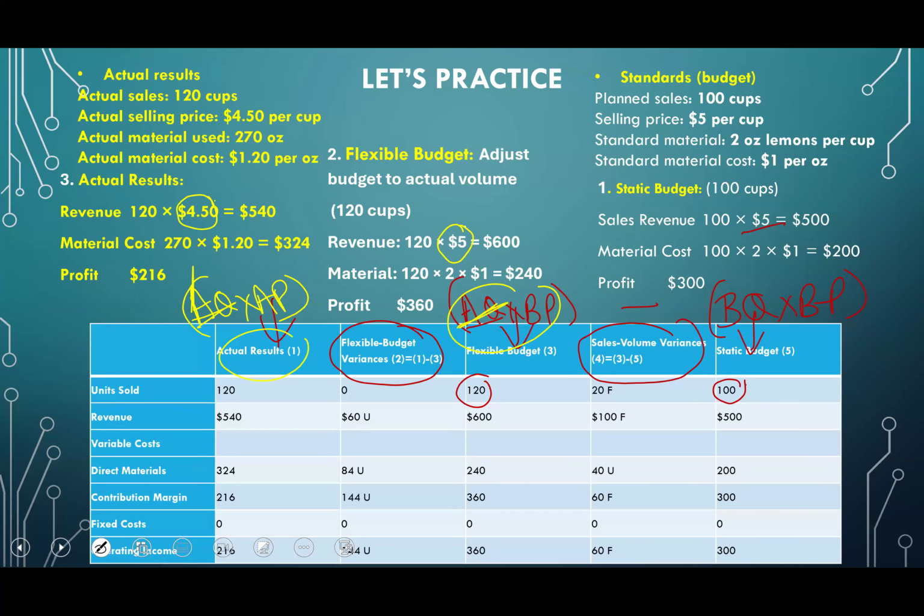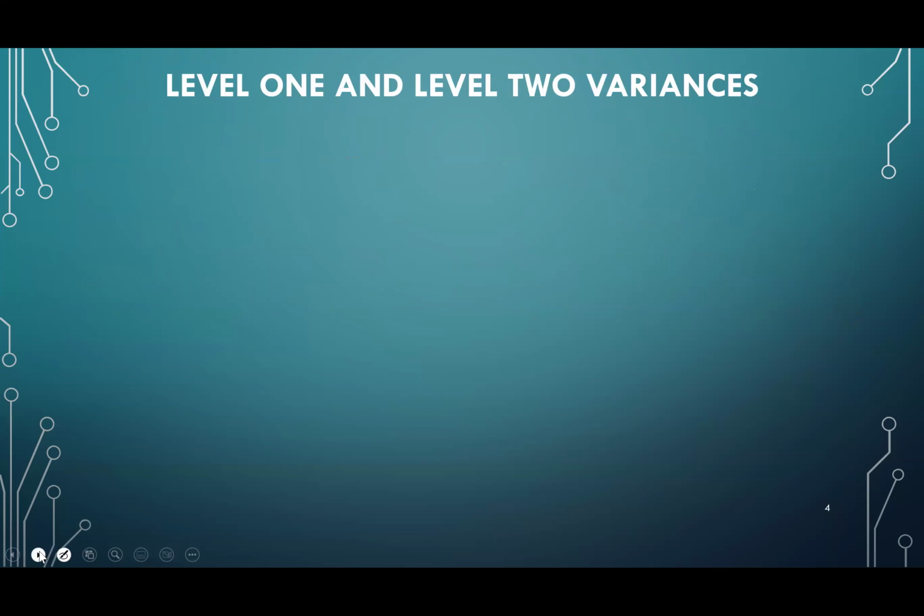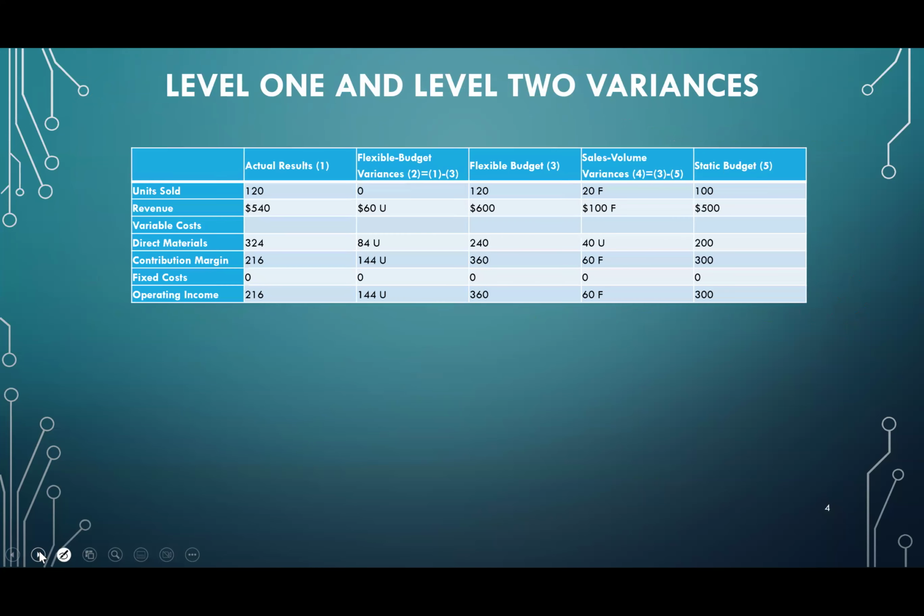We will talk about this a little bit more when we go to level 3 also, but let's just keep in mind that this is explained in a table, and can also be done in the form of a formula. Let's continue.